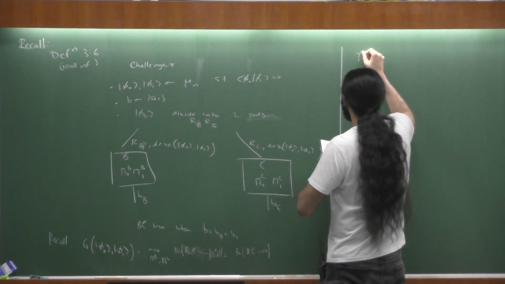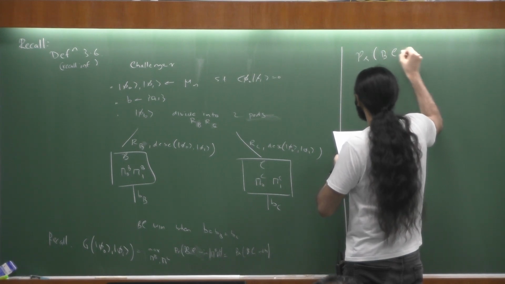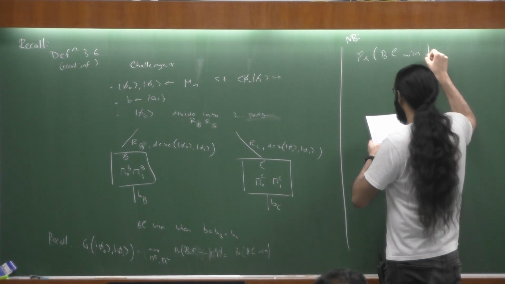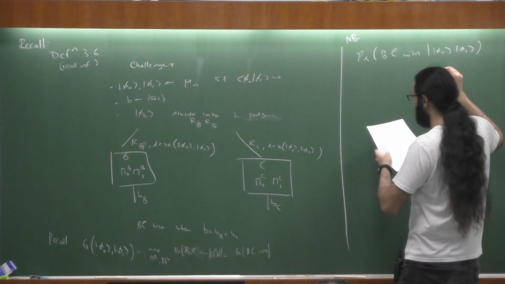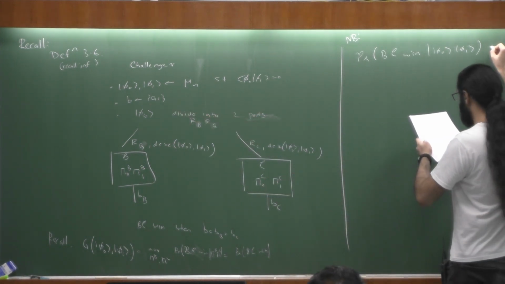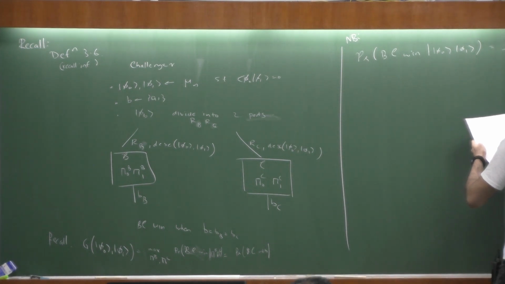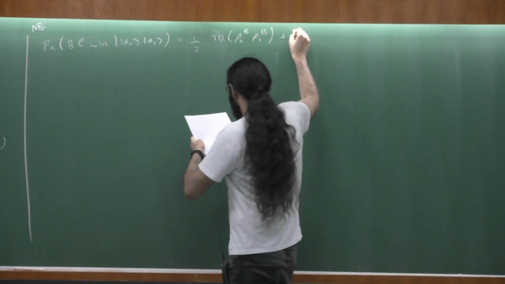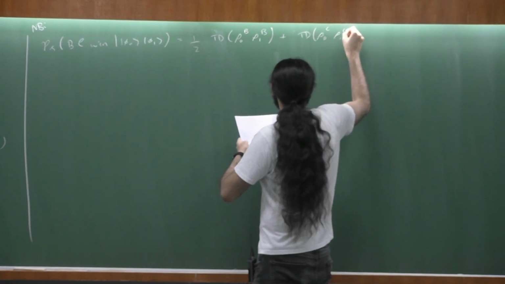So BC win, given that they used φ0, φ1, some specific choice was used, we showed was half the trace distance between ρ_0^B and ρ_1^B, plus the trace distance between ρ_0^C and ρ_1^C.